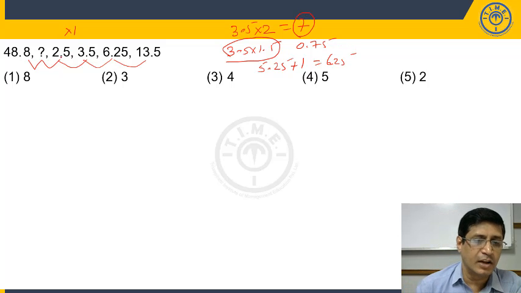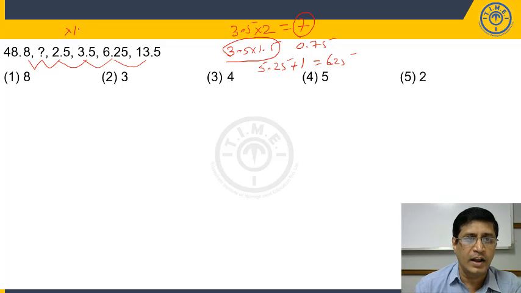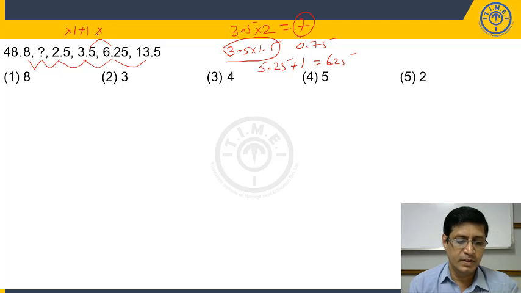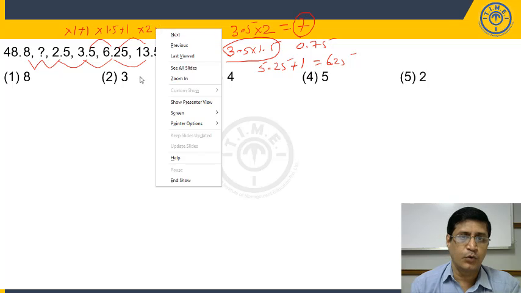If you observe this carefully, here we have 2.5 into 1 plus 1. Now what is the pattern here? Into 1.5 plus 1, and here into 2 plus 1.